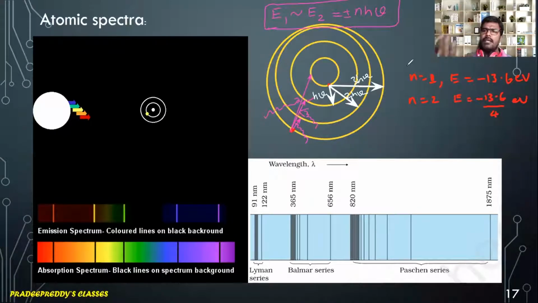Minus denotes that energy is absorbed, and it is absorption spectrum. So in this particular atomic spectra, we are going to see the emission spectrum of a hydrogen atom, in which it is undergoing a transition from higher energy level to lower energy level.